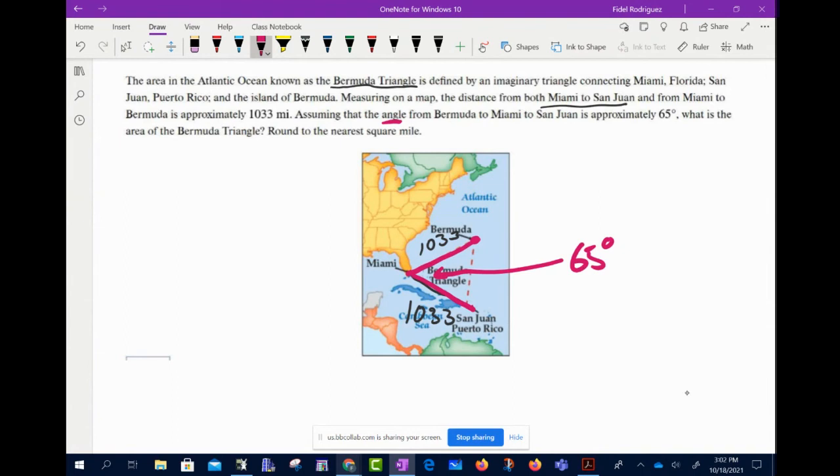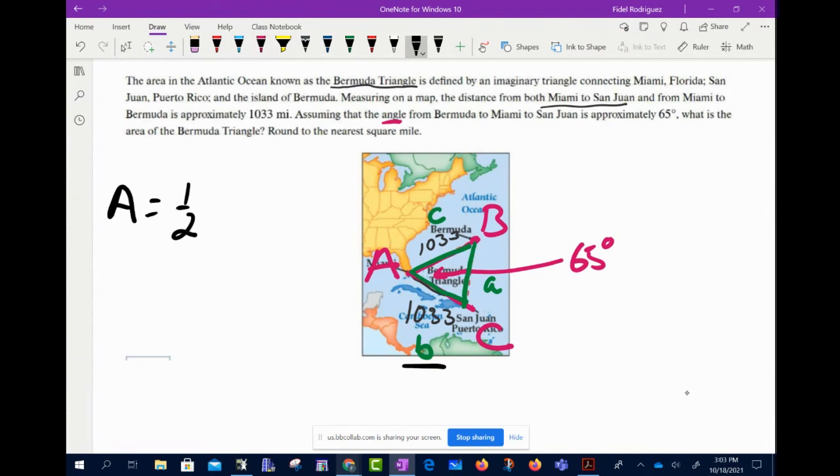So I'll tell you what, let me call this angle here angle A. I'm going to call this one angle B. I'm going to call this one angle C. So that would tell me that this side right here is little a, this side right here is little b, and this side right here is little c. Okay, so if I'm going to find the area, I know the formula for the area is 1/2.